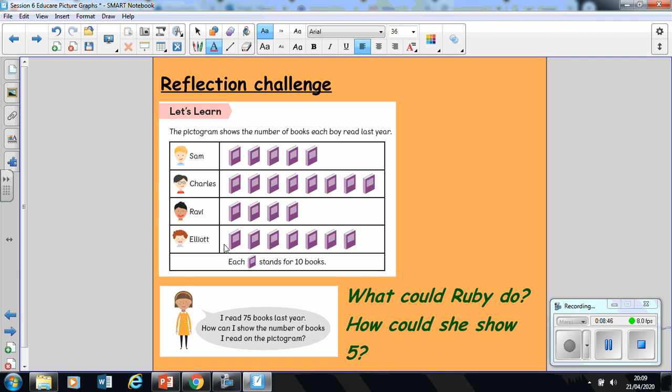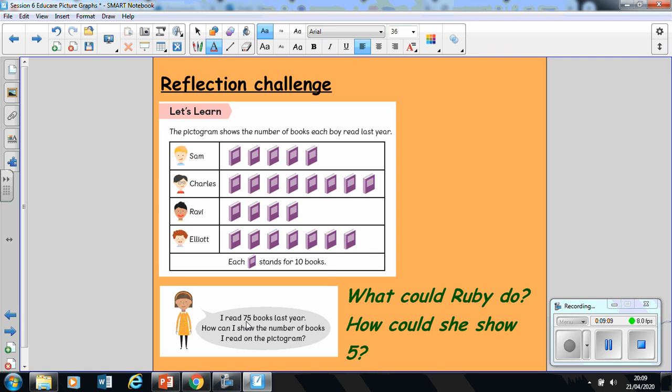Now, Ruby here says she read 75 books last year. Now, how would I represent her number of books in the pictogram? How would I show, I mean, I know possibly how to do 70, but how am I going to represent the 5?